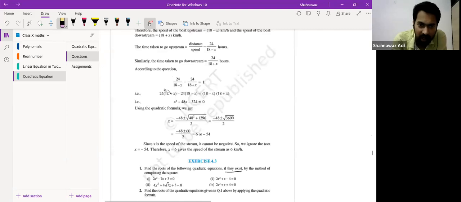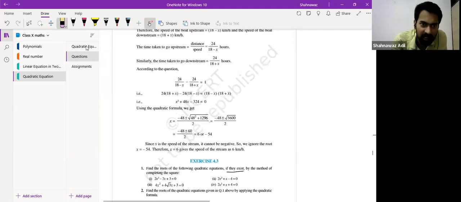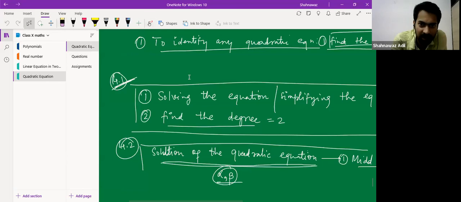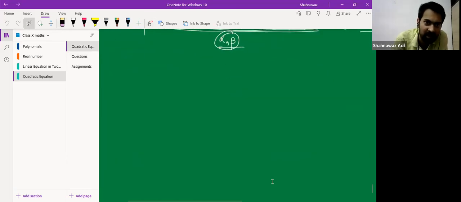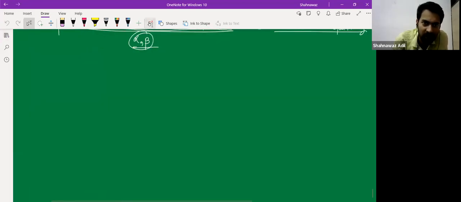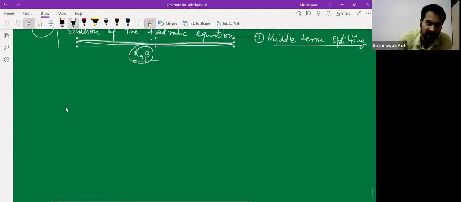Yes, so first let me do a quick recap of the quadratic formula for Madhya, right? Madhya, you already know about this quadratic equation, right? Yes, sir. So the quadratic equation is represented like this. The general form is this.